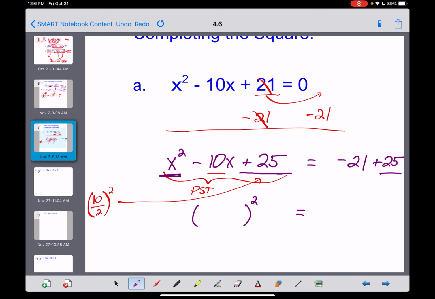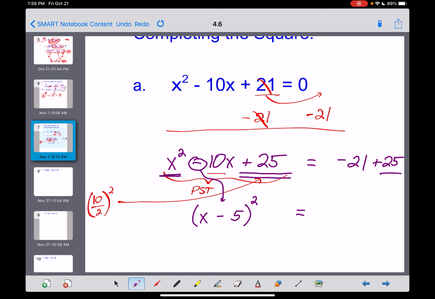We take the square root of the first term, which is x, and we put that right here. We take the square root of the last term, which is 5, and we put that right there. And whatever sign this is right here, we bring it right down. So x squared minus 10x plus 25 factors into x minus 5, quantity squared.